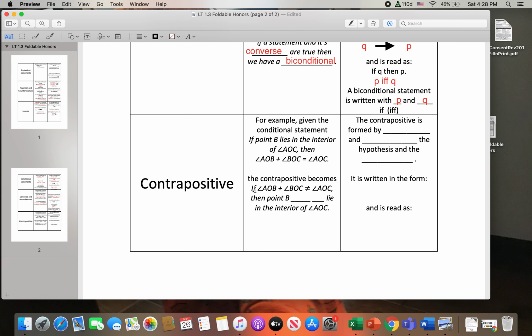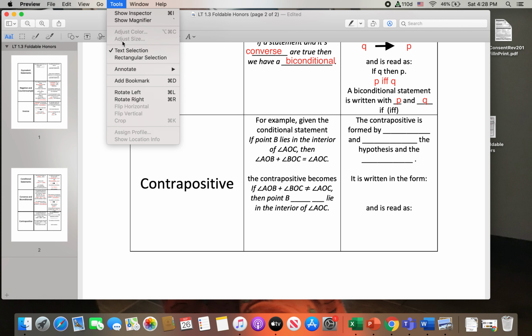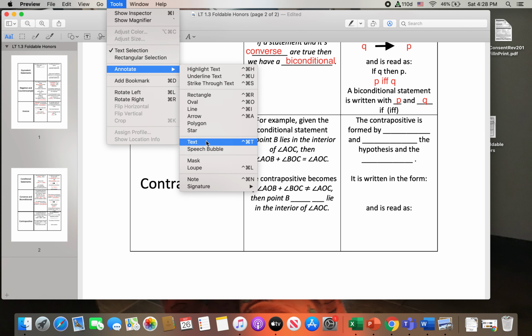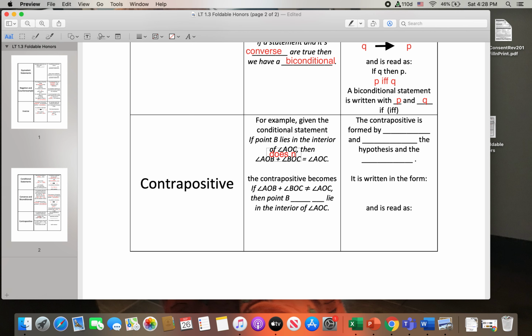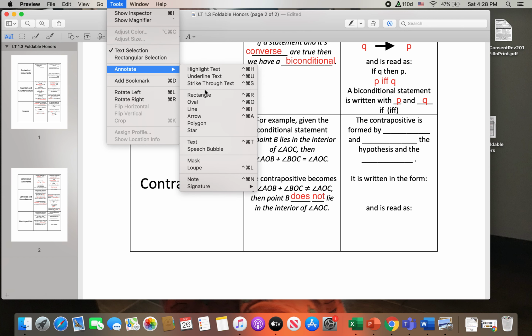Contrapositive: if angle AOB plus angle BOC, and then it doesn't have an equal symbol, it has a not equal symbol, angle AOC, then B does not lie in the interior of angle AOC.